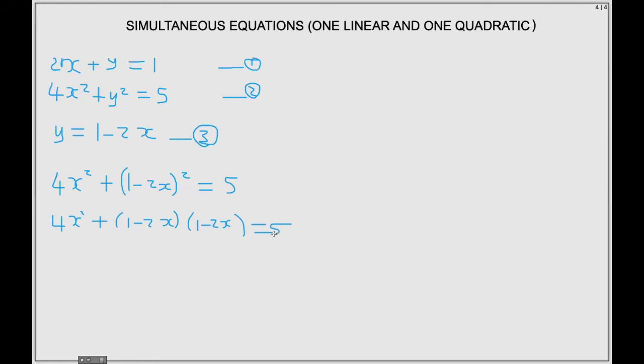Now we're going to expand. So first let me write the 4x squared. So we have the 4x squared right here. Now multiplying, we see 1 in the first bracket multiplied by 1 in the second bracket gives us 1. And multiply 1 by negative 2x, so that will give us minus 2x.